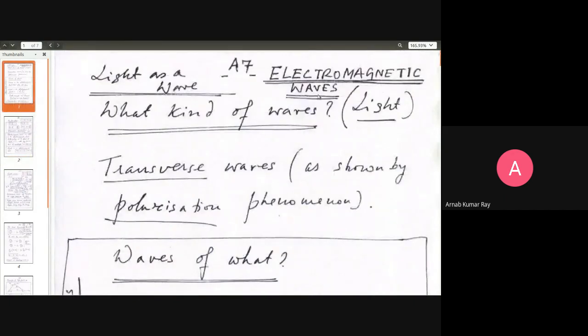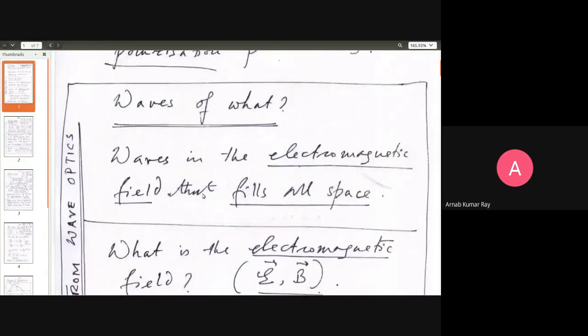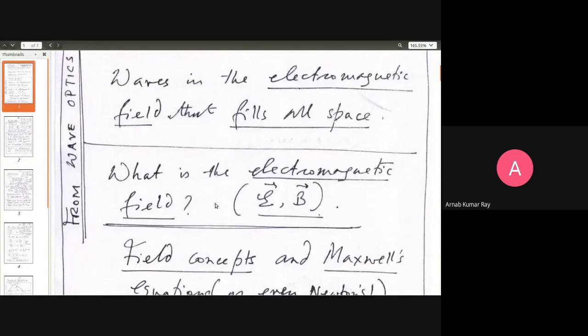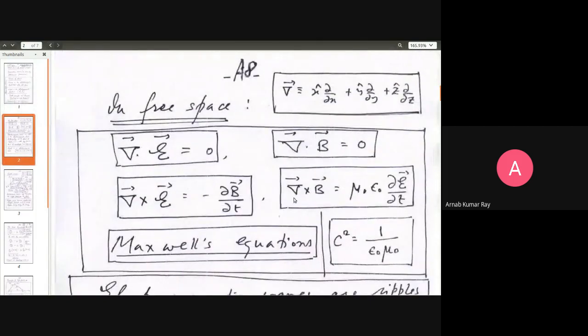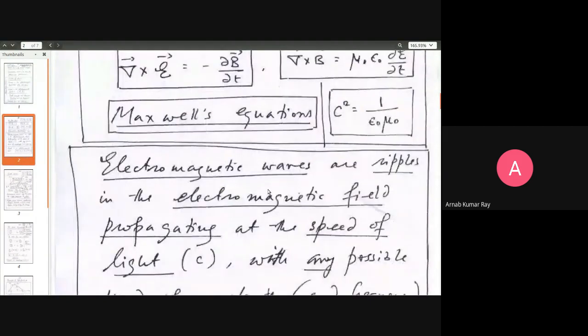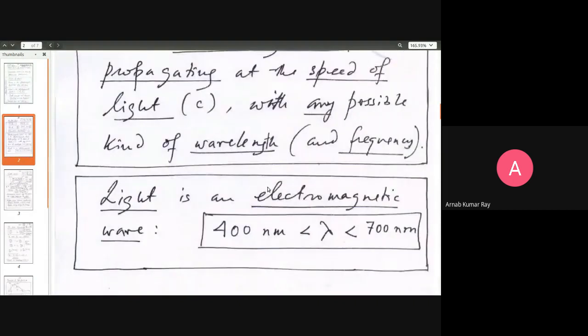So transverse wave, electromagnetic wave, a wave in the electric and the magnetic field, as you derive them from Maxwell's equations. And light, as we understand it, is merely a part of a much wider electromagnetic spectrum.